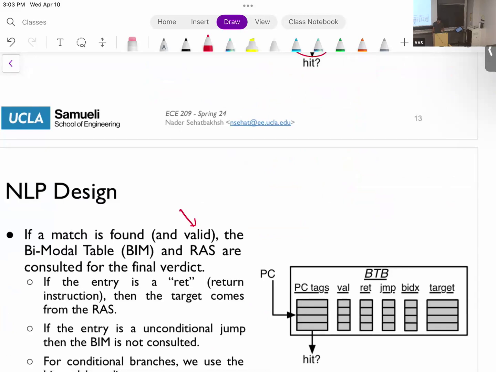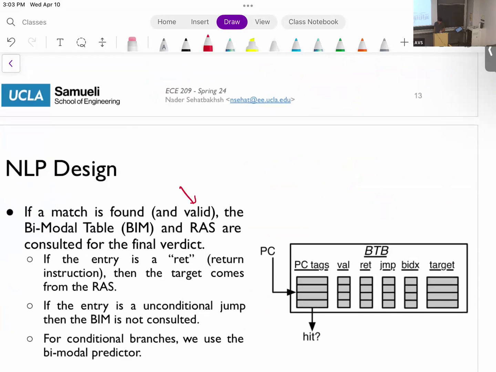The second thing that we're gonna check is whether this is a return instruction or not. And this is what we call a return address stack, or RAS, which is this column here. You can actually think about it as a separate table, but usually these are all integrated within one.